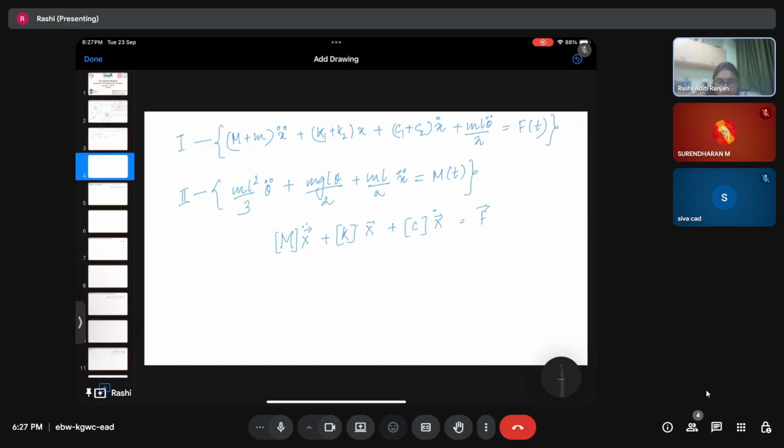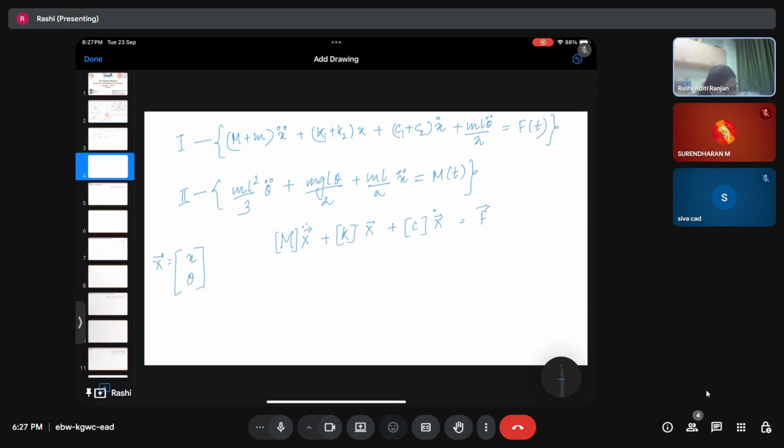This is how we write it, right? So if I want to write the given equation in this form, what will I do? I will just replace the x vector as x, theta.